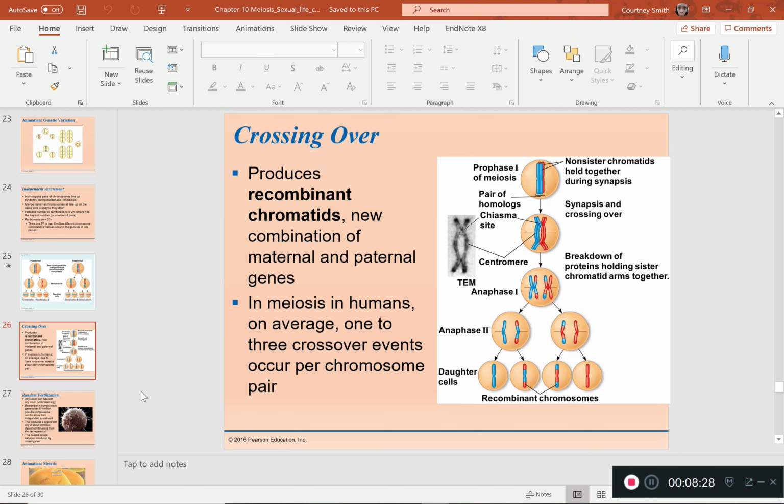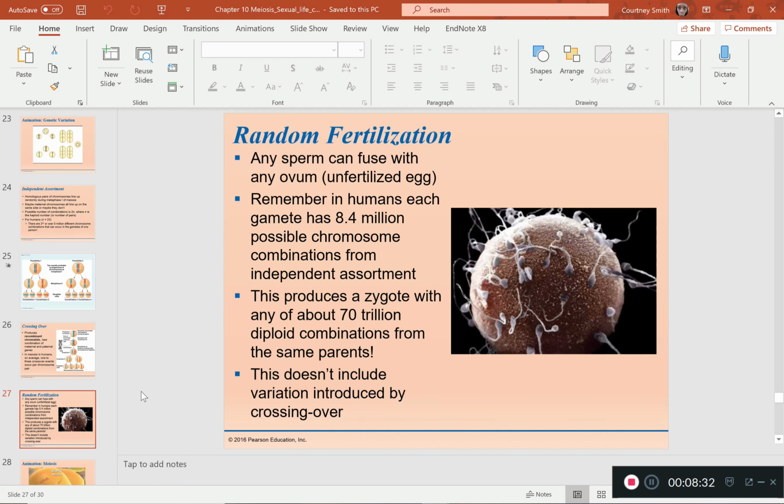Okay, like I said, I'm not going to talk about crossing over again, but random fertilization. Random fertilization is exactly what it sounds like. It is a complete chance as to which egg is going to get fertilized. Sometimes women, whenever they undergo ovulation, meaning the egg is being released, roughly 2 weeks before they have their menstrual cycle, will release an egg.